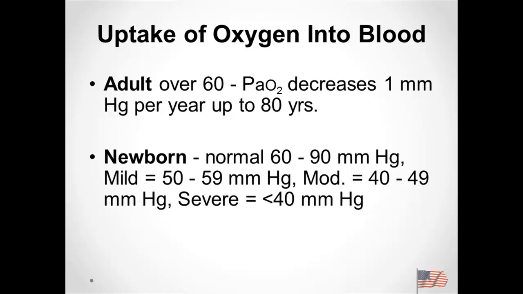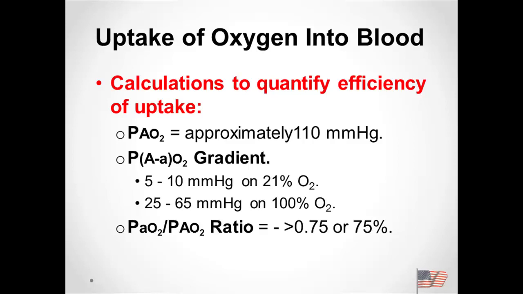We start seeing, because we're losing functional lung, we don't have the amount of surface area involved, and I believe there was this guy named Fick who had this law that said if you reduce surface area, you're going to reduce the amount that diffuses across. Newborn, I don't expect you to know normals. I'll let Lori handle that when she talks about neonatal stuff.